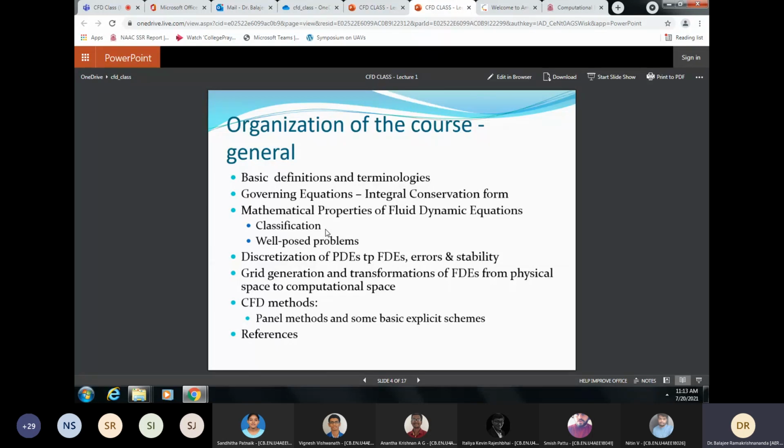Now, discretization of PDEs to FDEs, then error and stability, and we go after that. Then grid generation, transformation of FDEs from physical space to computational space. In parallel, we may also be generating grids using ANSYS. Then we look at some CFD methods.